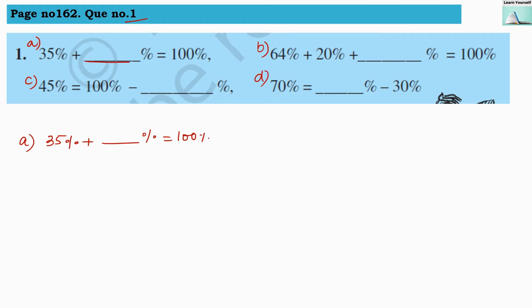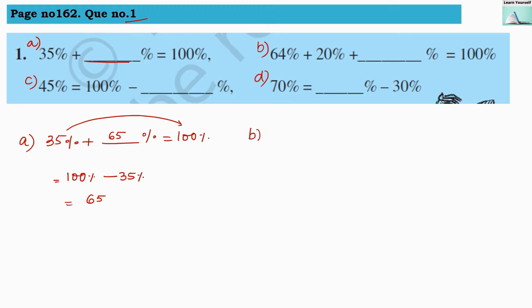One method is 100% minus 35%. That 35 we change side and it becomes negative. So we get 100 minus 35, which is 65. So 65 is the answer, because 35 plus 65 will make 100%.